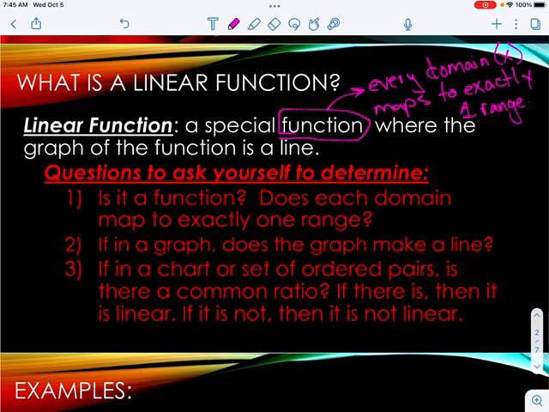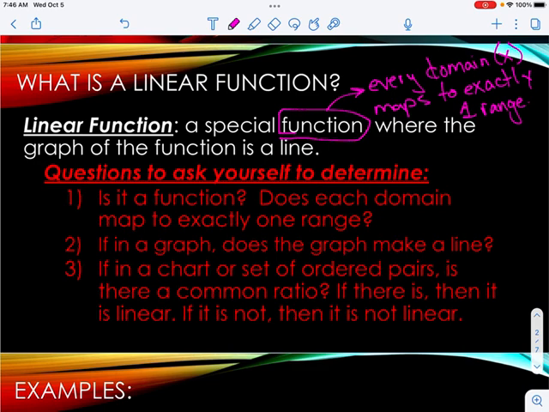So just because it's a linear function, it has to first be a function. Then the thing that separates it from being a linear function is that the graph of the function is a line. Okay, if you think of the word linear, it sounds like line. So the graph of the function is a line.